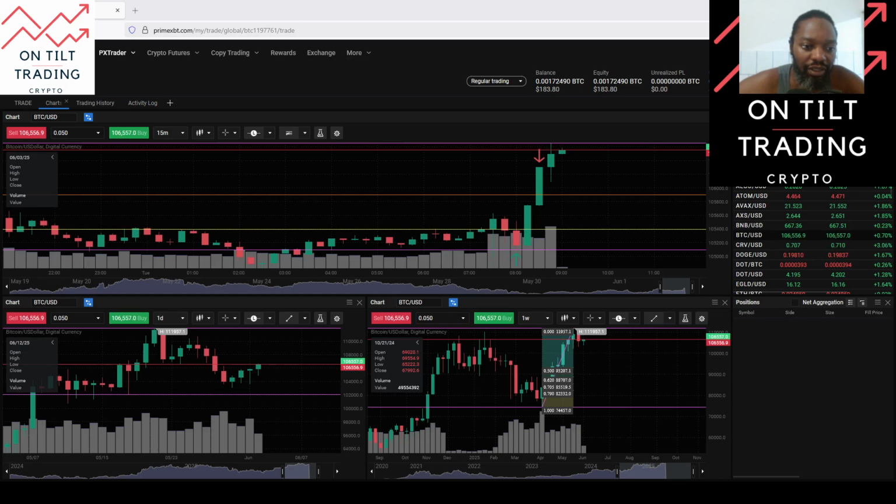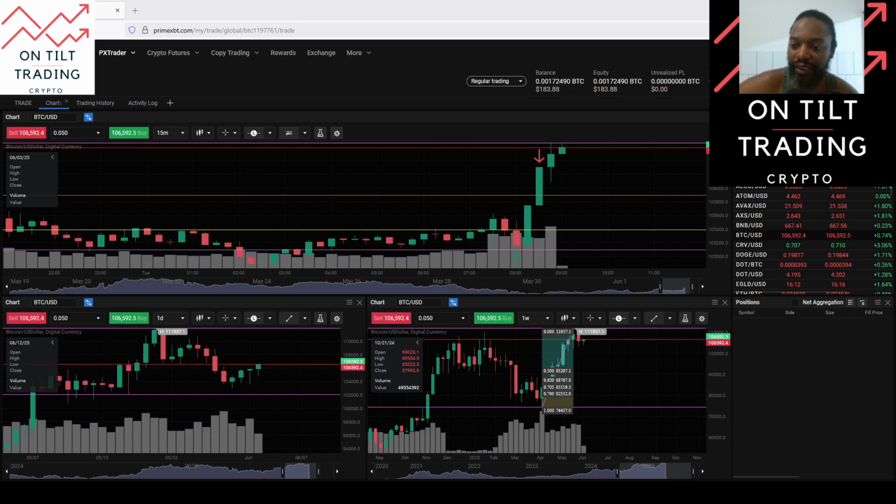Also, if we look here, there is an isolated pivot, or you can also say a swing low, where you can usually look for reversals or changes in trend with patterns like this swing low type pattern.